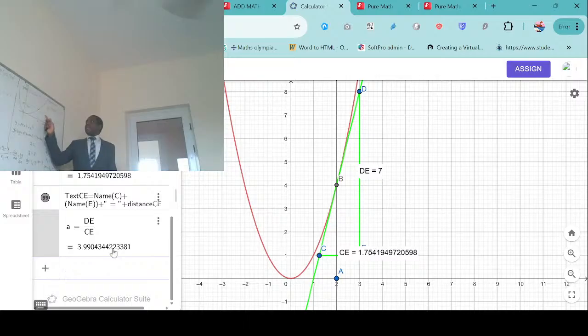The point is that we know it's not actually possible, because we can't construct a triangle at 0. But let's assume it's possible. Then it means that this line is going to be like this.